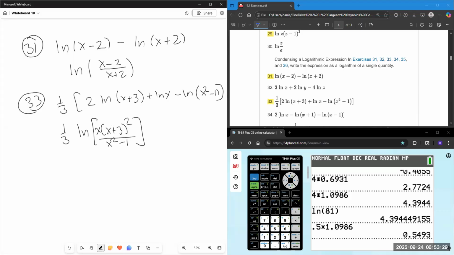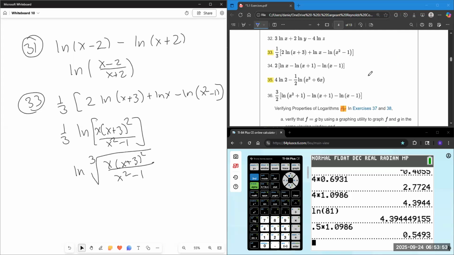And then I need ln of the cube root of all this, x times x plus 3 squared over x squared minus 1. The only factors of x squared minus 1 are x plus 1 and x minus 1, and neither of those factors appear in the numerator, so there's really no need to break that down. You can if you want to. It won't help you simplify the problem at all.